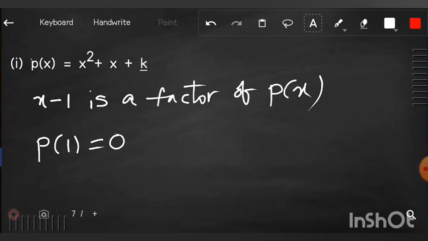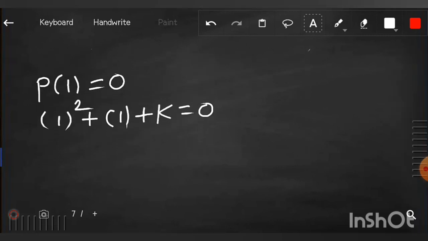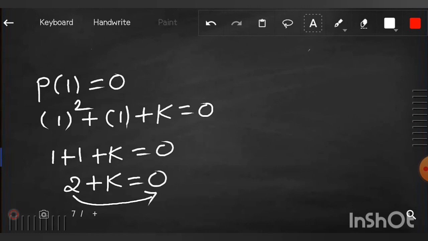So now in x I am placing 1. So we'll get 1 square plus 1 plus k equal to 0. 1 square is 1, plus 1 plus k equal to 0. 2 plus k equal to 0. Taking 2 to the other side, we'll get k equal to 0 minus 2, which is minus 2. This is the answer for the first problem.